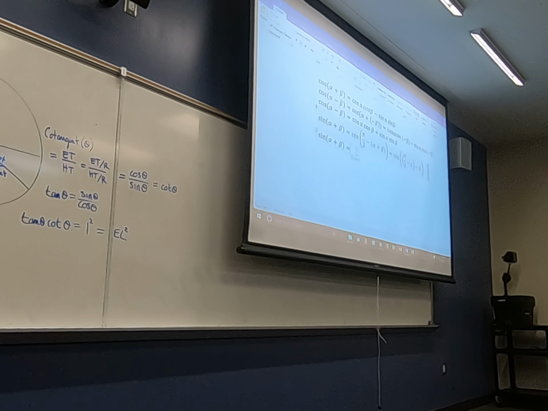Well, it's going to be the cosine of pi over 2 minus alpha times the cosine of beta, right? Correct me if I screw this up.